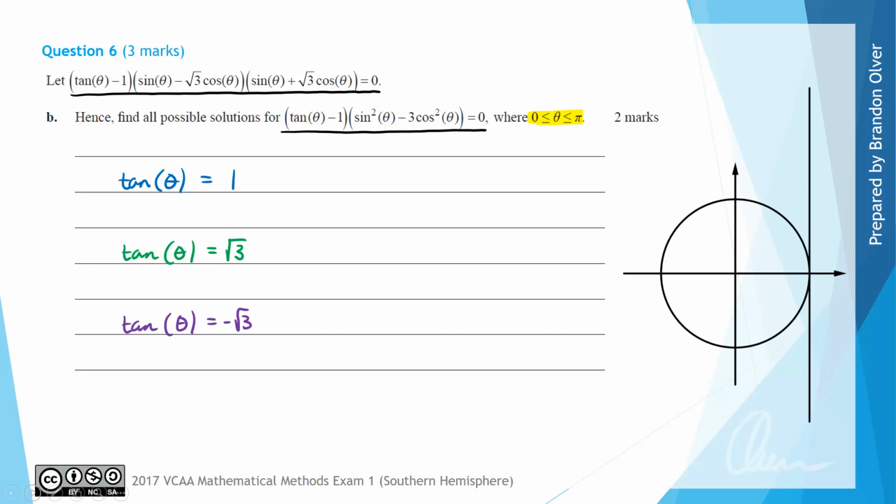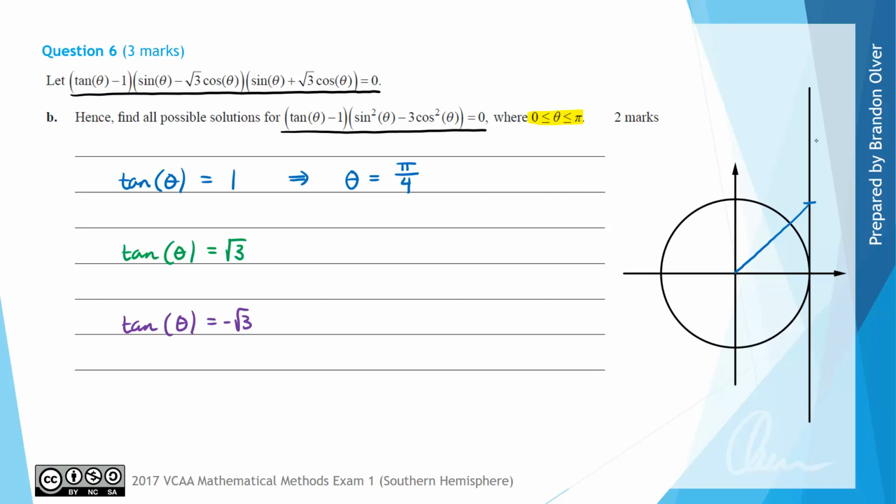It's up to you how you remember your exact values, but the method that I like is using the unit circle. I know that tan theta equaling 1 is this position on the tan line, and that angle there is going to be pi on 4. So theta equaling pi on 4 is a possible solution, and between 0 and pi there's no other angle that would give tan theta equaling 1.